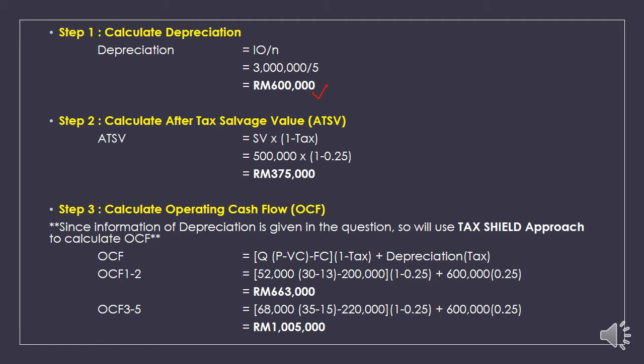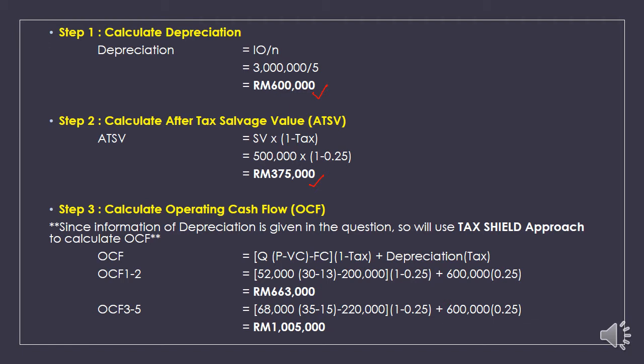So we will multiply by 1 minus tax. Tax is given at 25%, so 1 minus 0.25. So you will get the answer for ATSV equals RM 375,000. And the third step, we will calculate operating cash flow, which is OCF.